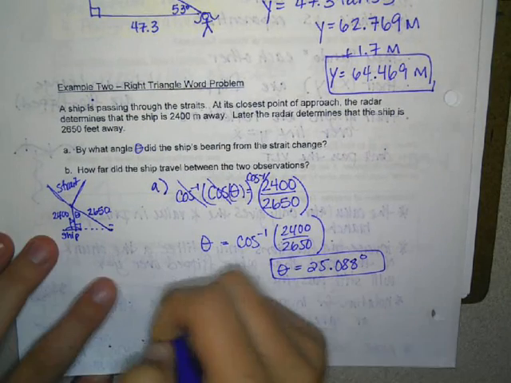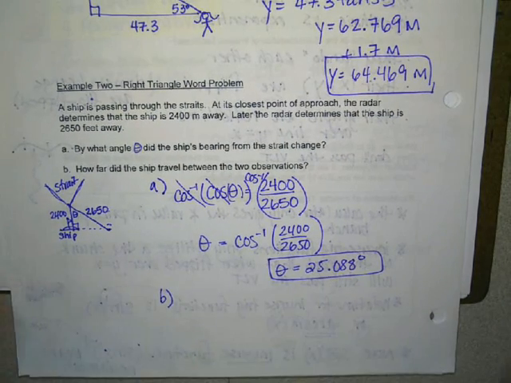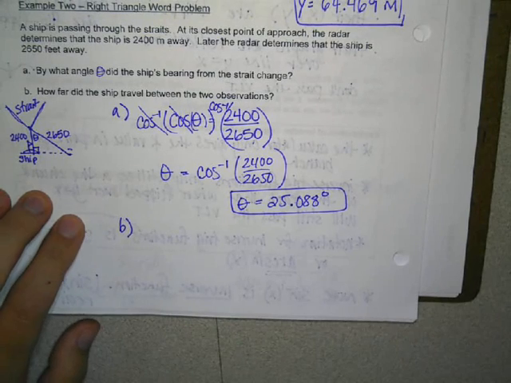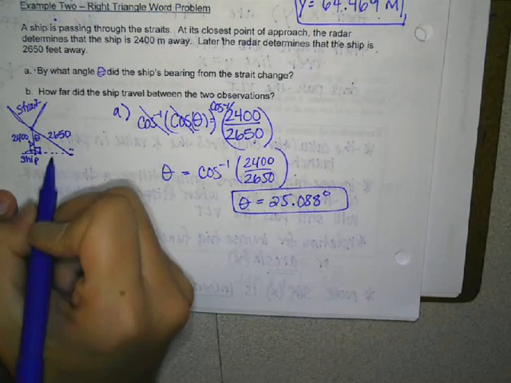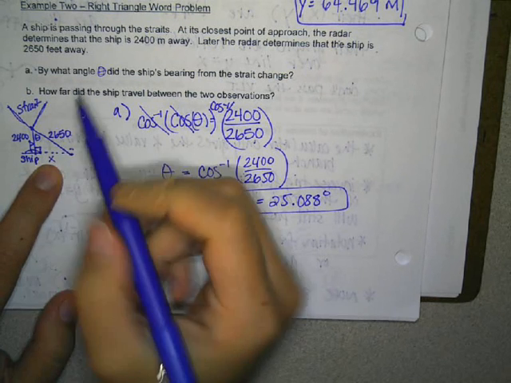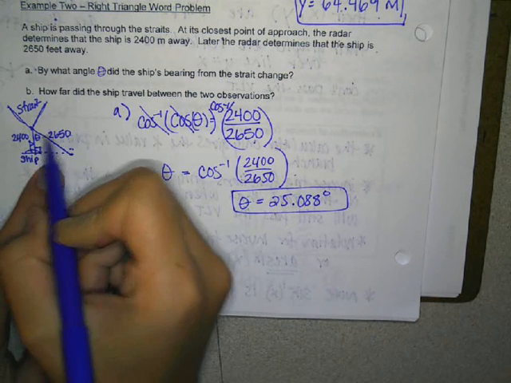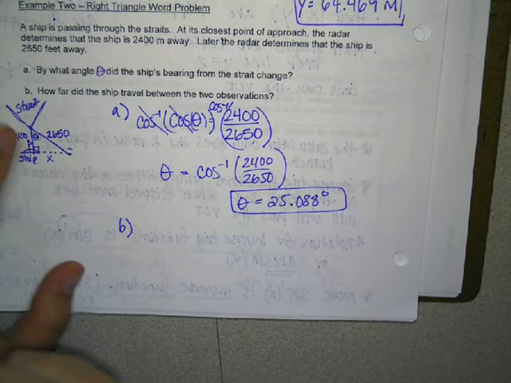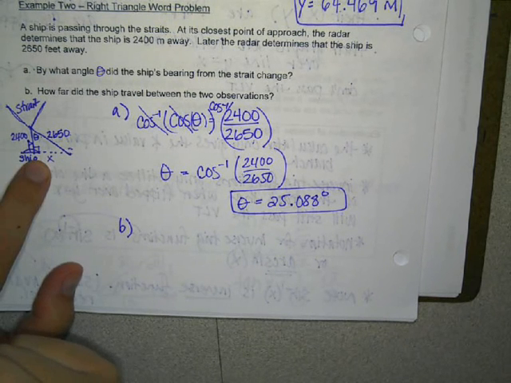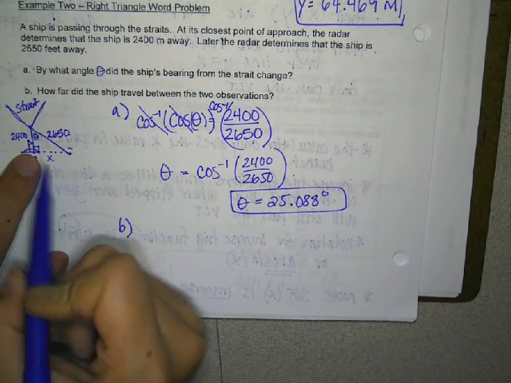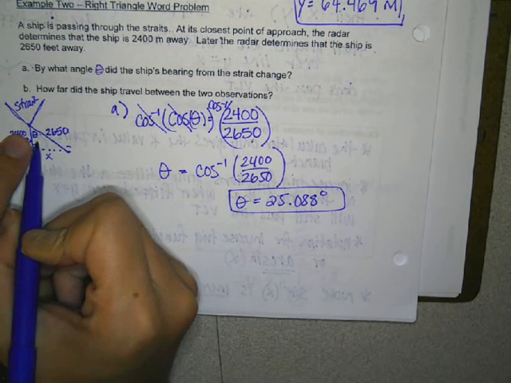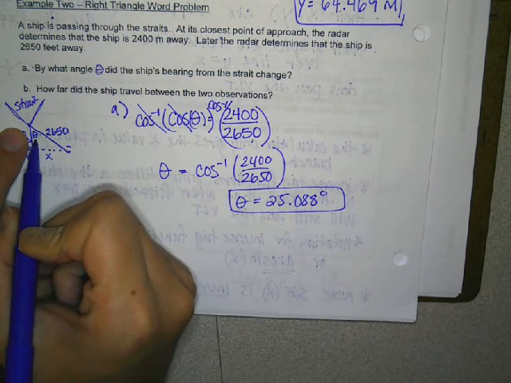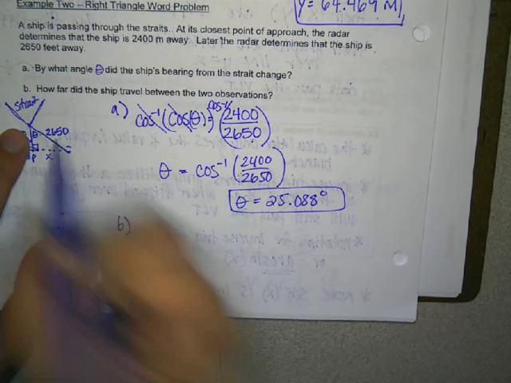For B, how far did the ship travel between the two observations? Well, we can do this one of two ways. I'm looking now for this value here. I can use the Pythagorean theorem because I have both sides. But since we're practicing with inverse trig functions, I'm going to use a trig function here. Now that I know what this angle is, I'm going to use the trig function that associates this angle, the opposite side, and the hypotenuse.